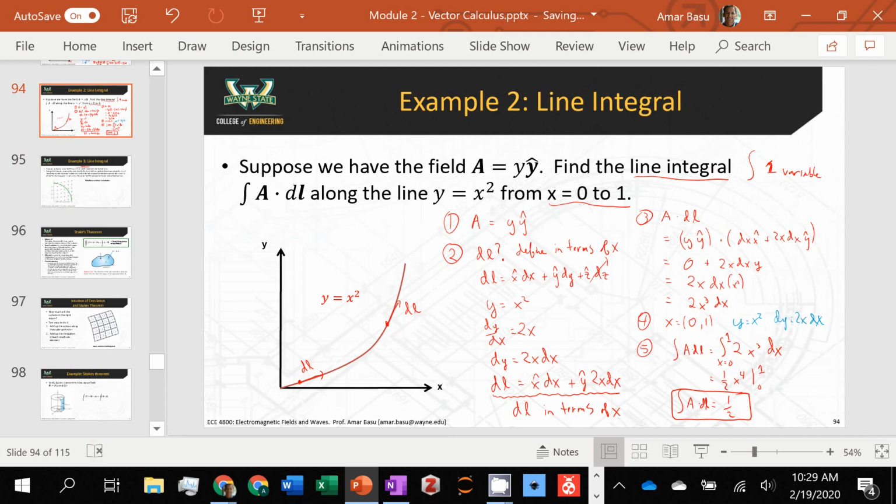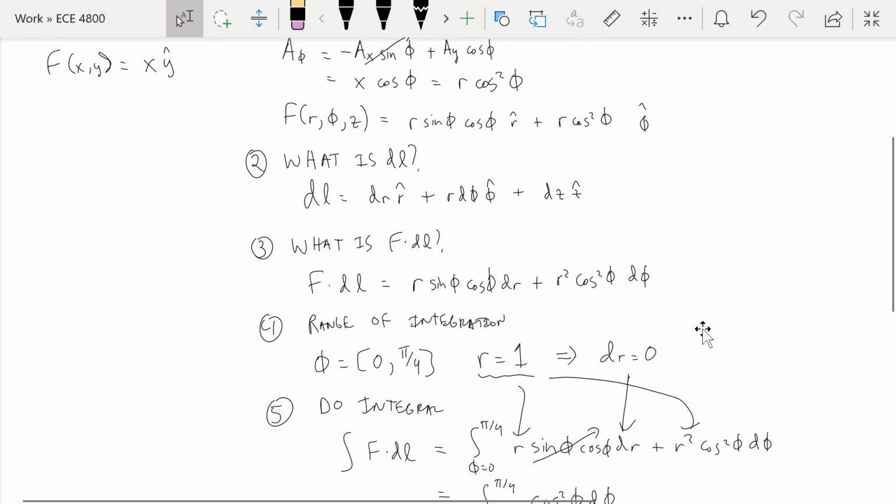I'm being redundant here, but I want to show you the analogy of what we're doing in this problem. In the second problem, we have a range of x that we're integrating, but we also have a relation of how y is related to x. We're also looking at that second variable, but we're only integrating with respect to one. The second variable is being used to substitute in values so that everything is in terms of a single variable. The same thing we did here. You can see that our f dot dl is in terms of two variables, r and phi.